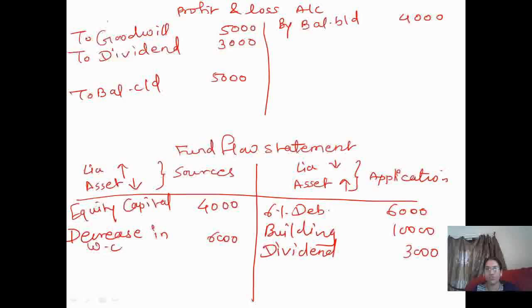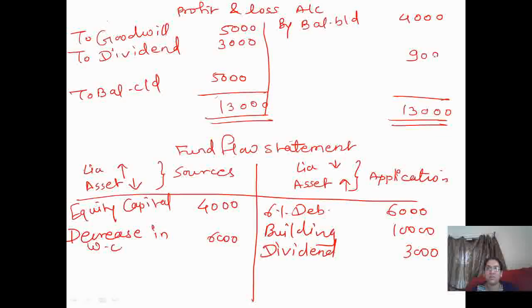Now we have to find out the profit and loss balance lastly. What is the amount? 13,000. So what is the difference between 13,000 and 4,000? 9,000. So by balance, we have to write down the last balance. We have to transfer this balance to the fund flow statement. So here we have to write fund from operations.